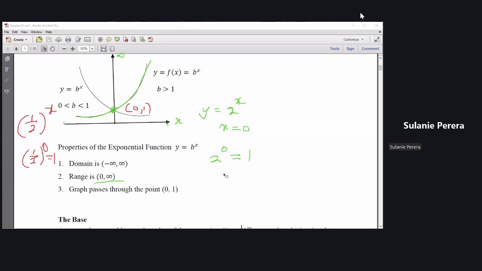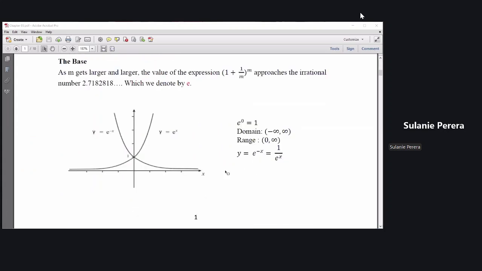Now let's look at the base e. As m gets larger and larger, the expression (1 plus 1 over m) to the power m approaches the number 2.71828, which is denoted by e. E is the exponential base. It also has the same shape.